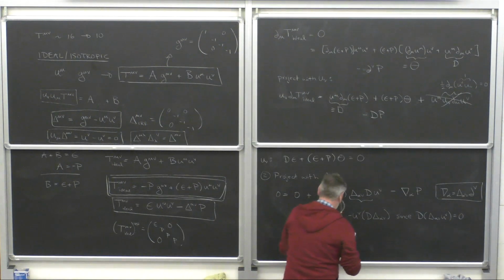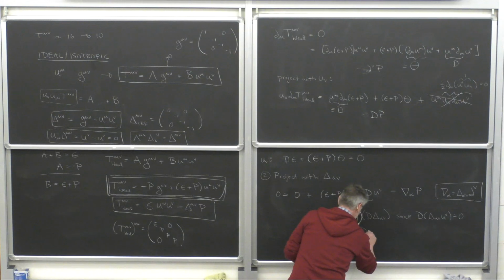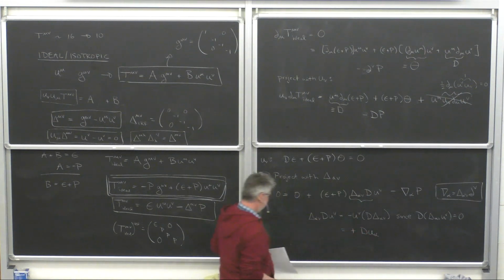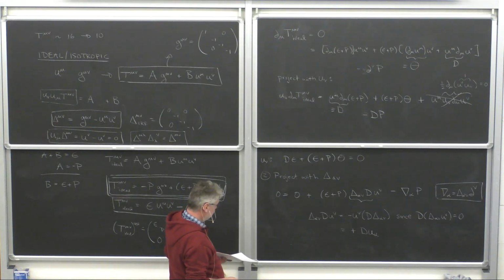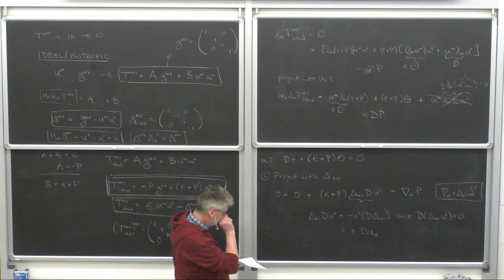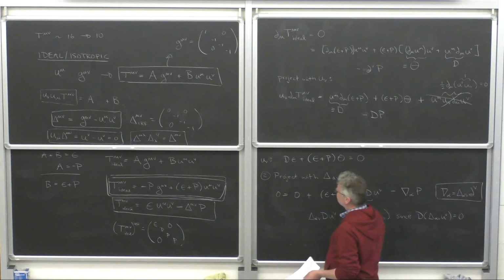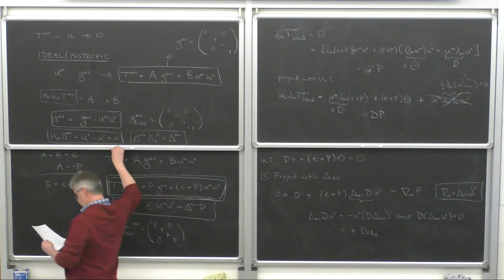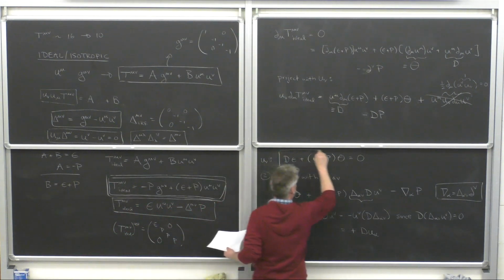So in the end, this whole thing just becomes, if I did the math right, derivative of u alpha. Good. All right, let's put a box on this one.